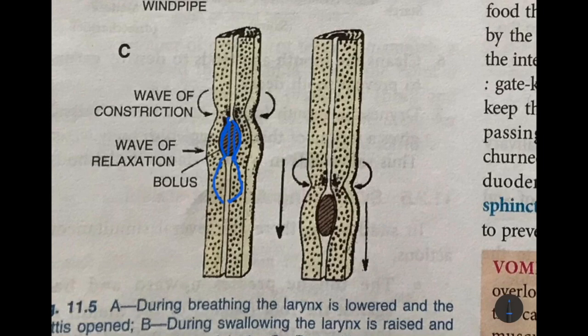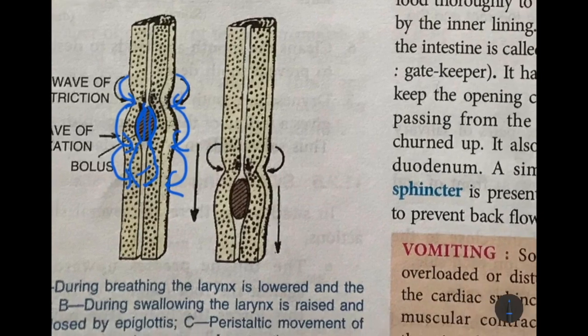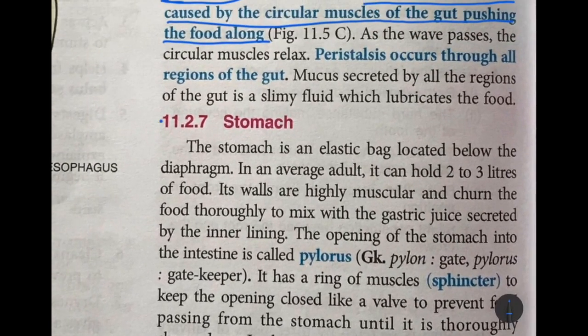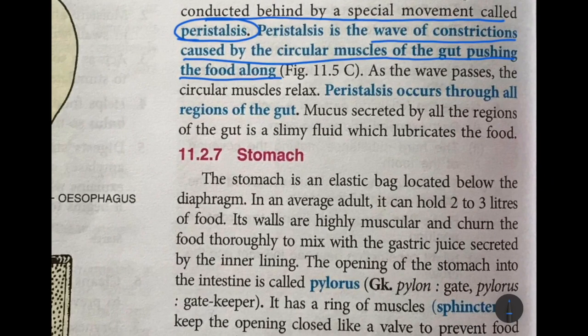So there you can see, this is the wave of constriction. It constricts, again constricts as it passes down. So this movement is known as peristalsis. So as the wave passes, the circular muscles relax.